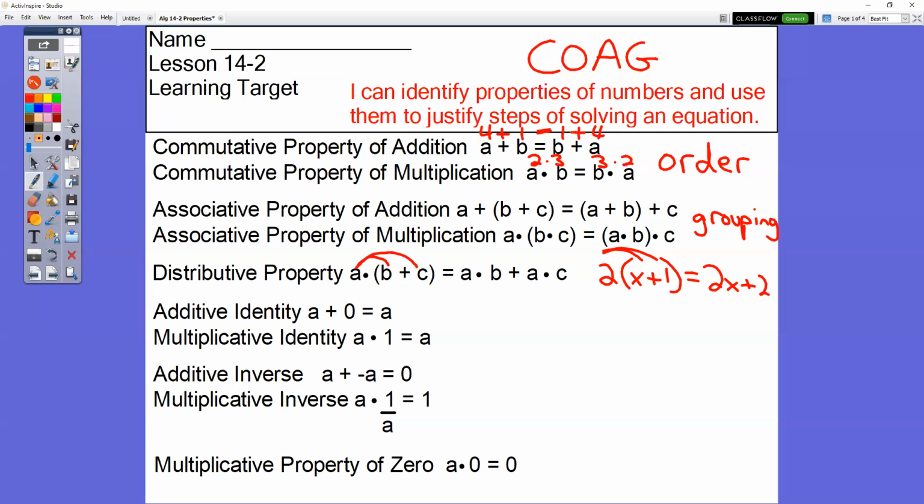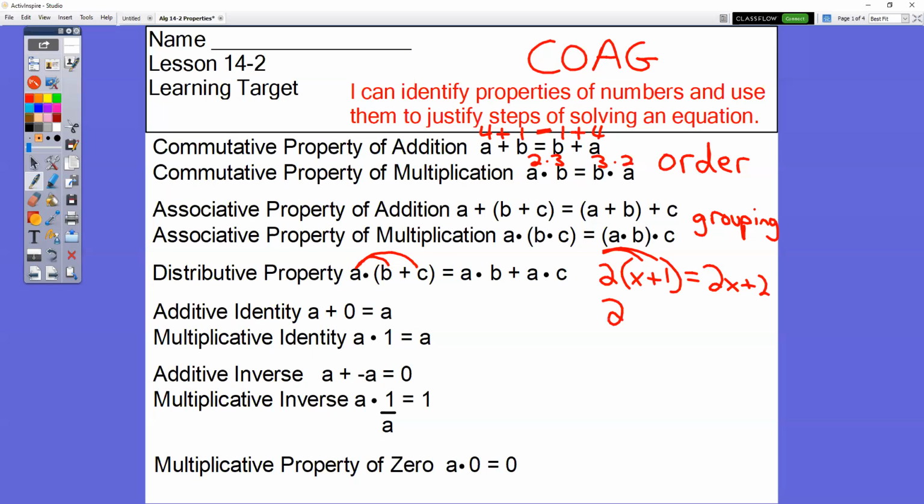Now, sometimes they're very generic. Sometimes they just say the distributive property. Other times they specifically say the distributive property of multiplication over addition, or sometimes they say the distributive property of multiplication over subtraction.